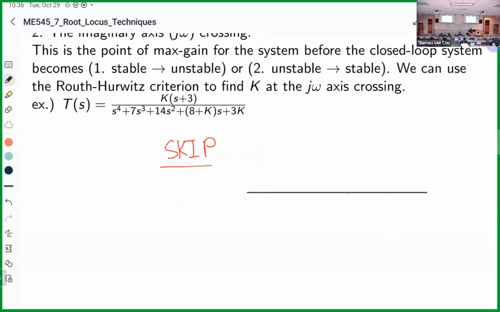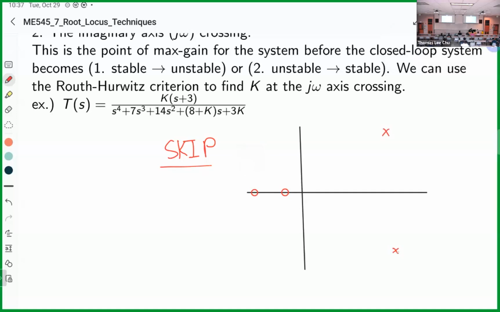Let's do a different plot. Let's do a pair of complex conjugates.